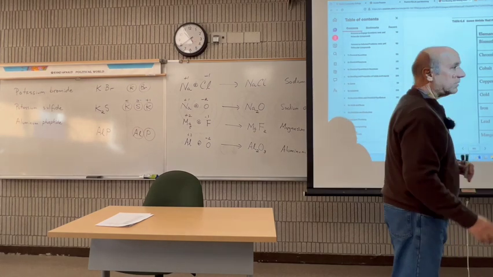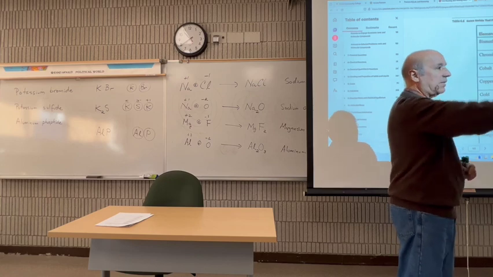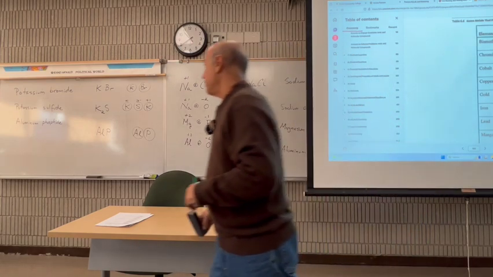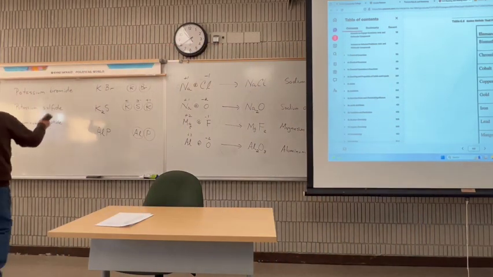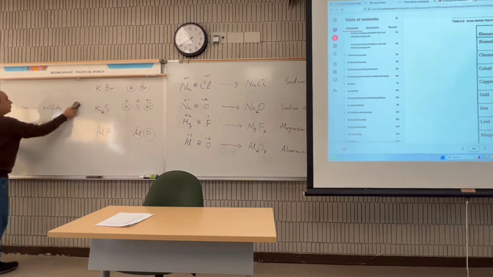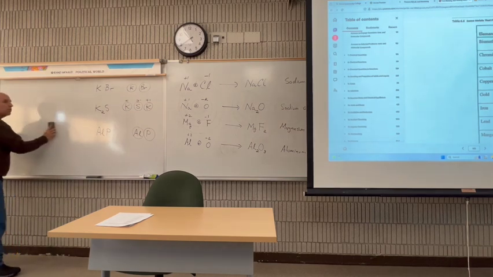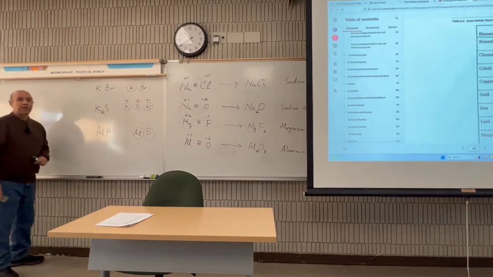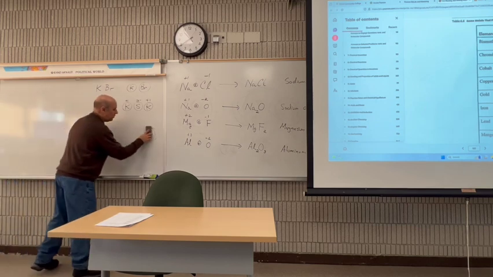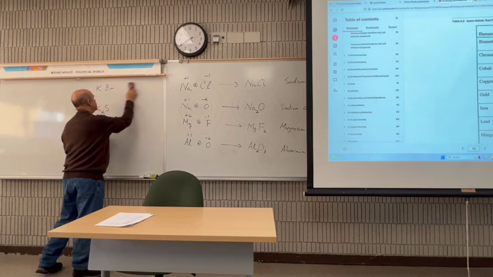But some metals in the transition part of the table, because nature is what it is, have more than one possible electron configuration in the valence shell. We're going to call those oxidation states.